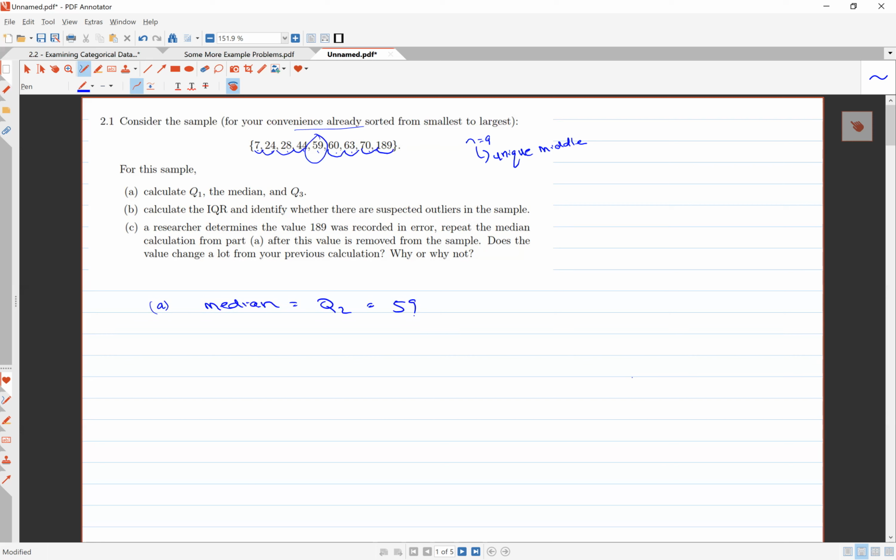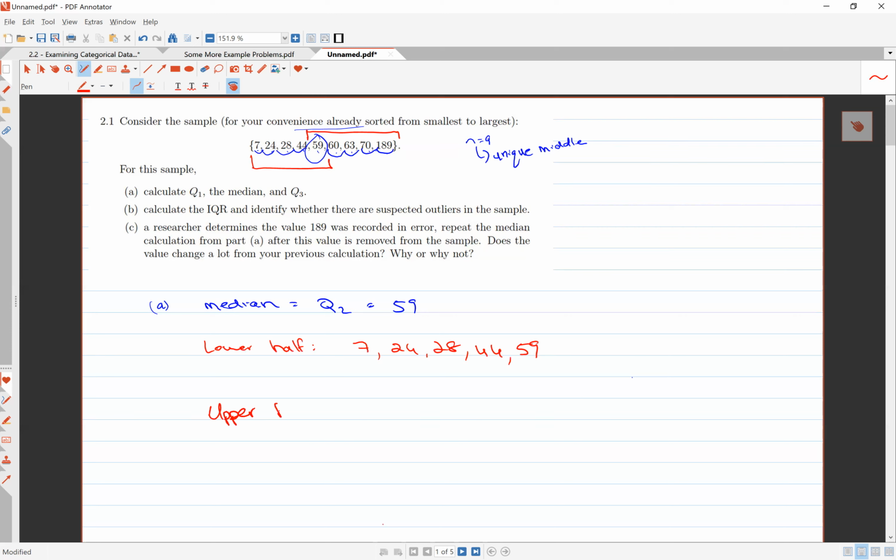Q1 and Q3 are essentially median calculations. You just want to do it for the lower half of the data and for the upper half of the data. The thing to keep an awareness of is if there is a unique value in the middle, like in this example, that value should be included in both parts of the sample. So when I talk about the lower half of the data, it will be all the values up to and including 59.